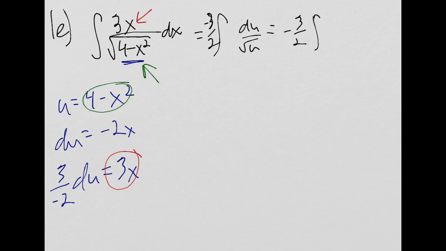And you should know that 1 over 2 root u is the derivative of root u, so this should take us to a positive root u, or a multiple of it.